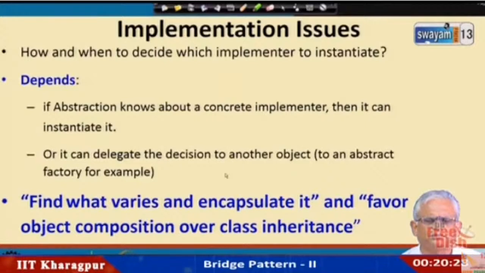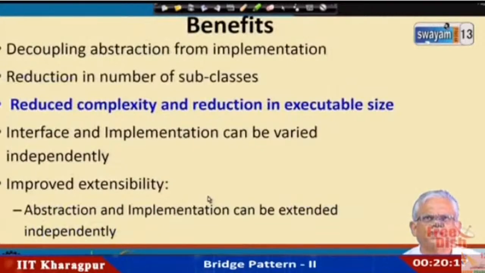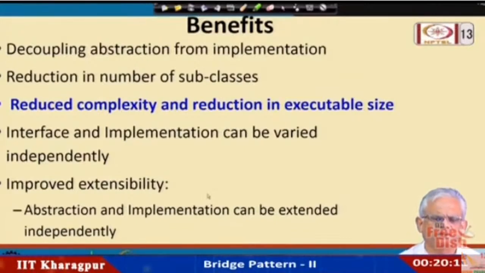And the bridge pattern helps us to find what varies and encapsulate it, and it helps us to favor composition over class inheritance. It has many benefits: it decouples the abstraction from the implementation, reduces the number of subclasses, and reduces complexity and code size.